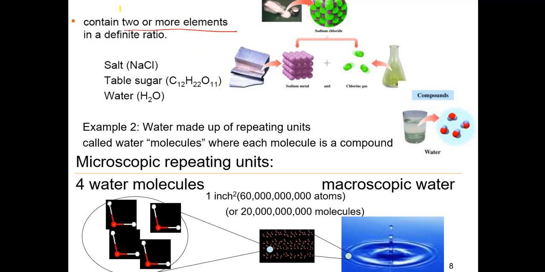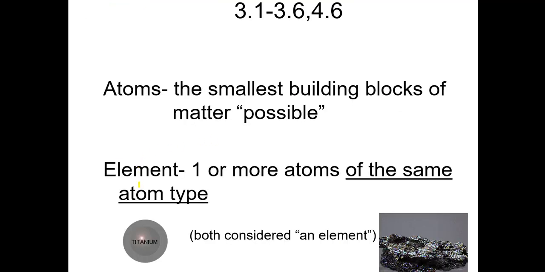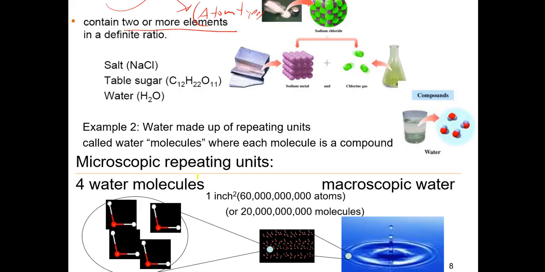Now, compounds are actually made up of two or more elements. And so you can just assume that an element is an atom type. An element is an atom type. So let's go through our definition. Here's an element. It's one or more atoms of the same atom type. Whereas a compound is two or more elements.